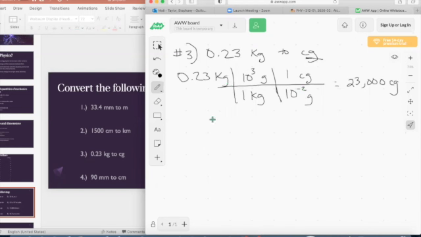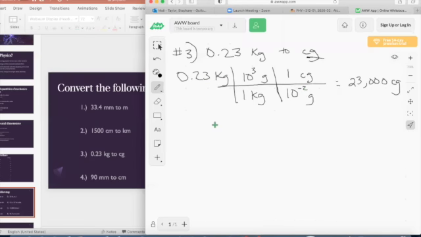So let me do this down here. We're doing 10 to the third over 10 to the minus second, which is equal to 10 to the third power minus a negative second power. When you have a double negative, you're going to add.